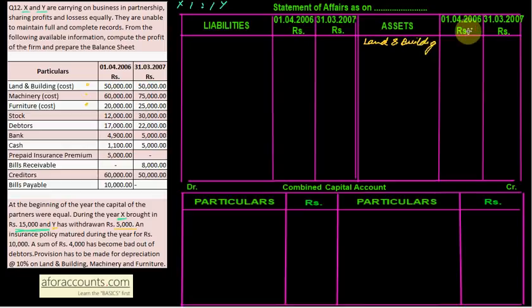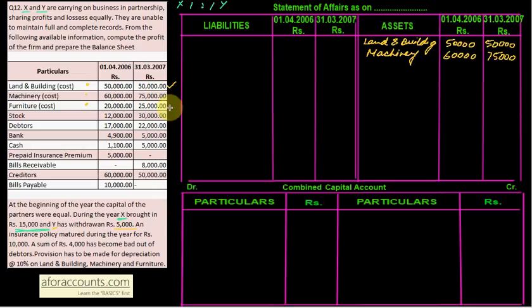50,000 and again 50,000. See, 50,000 in opening and 50,000 in closing. Whatever you do, just tick mark that. Machinery at cost means some machinery has been purchased, 60,000 and 70,000. So machinery, 60,000 is your machinery over here and 75,000 for the closing.